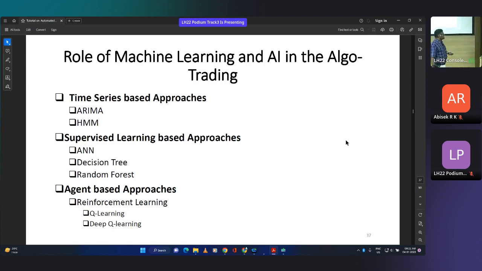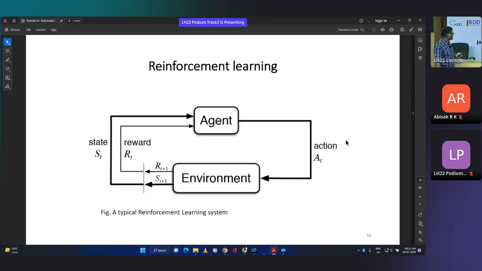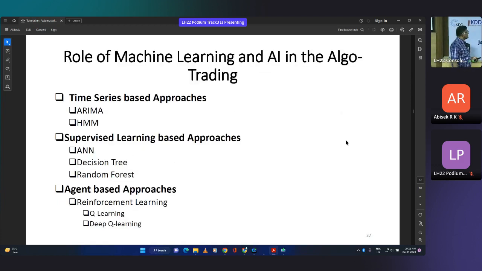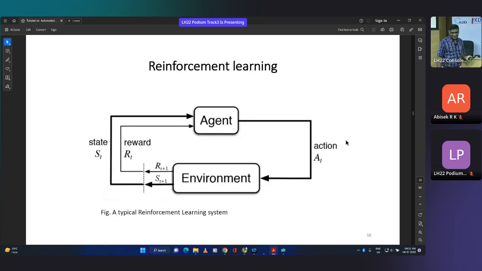Then obviously AI machine learning based approaches like ANN, CNN, decision trees or random forest. We will focus on reinforcement learning, typically the Q learning part, and my colleague Jagdish will be telling how we have used that, and what are the results that we have received from that. So over to you, Jagdish.